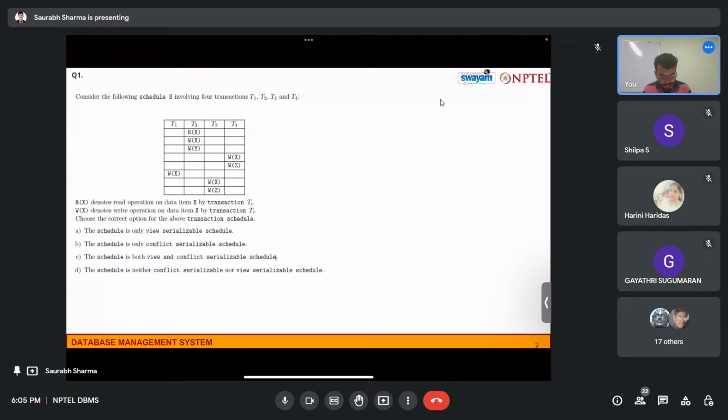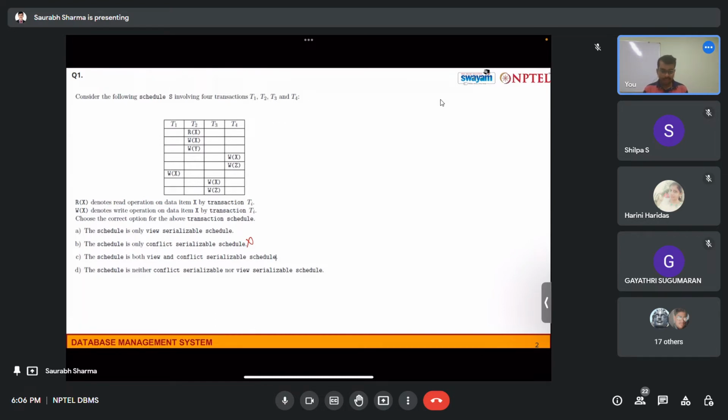There are four options, all four possibilities. Option B we can clearly neglect, because if it is conflict serializable, then it will also be view serializable. It is a theoretically and conceptually wrong statement. So now we have three options. Let's see what happens. First, I will check with the precedence graph.